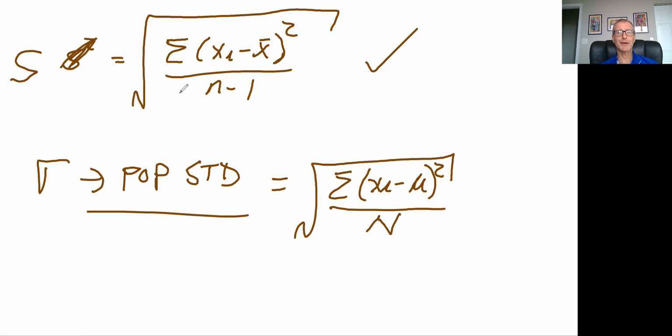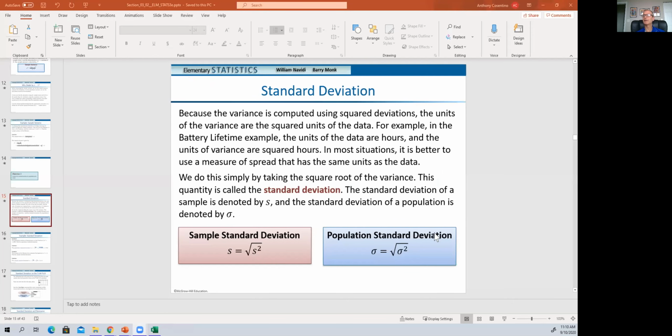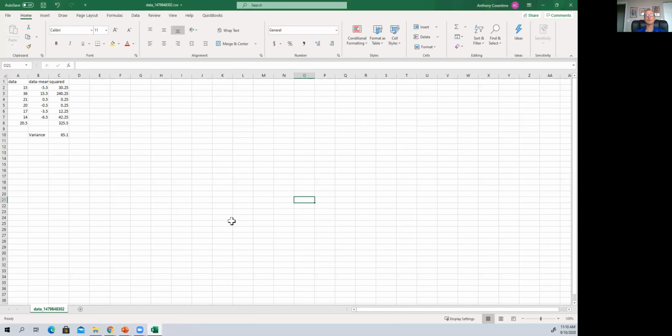When you do this calculation, you basically just do the variance and take the square root. In the previous recorded lecture, I downloaded data from the first homework problem in Alex in section 3.2, and we calculated the variance.